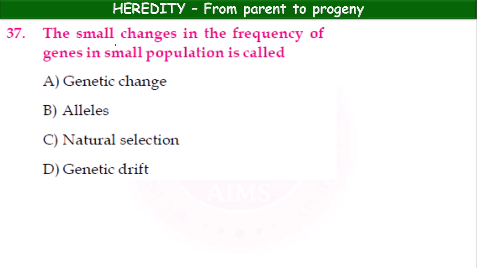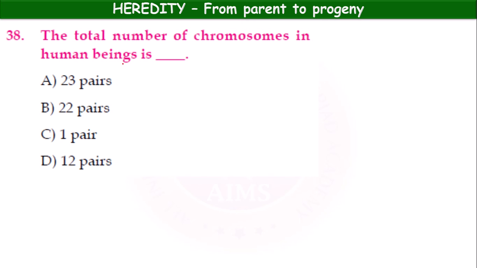D. The small changes in the frequency of genes in a small population is called genetic change, alleles, natural selection, or genetic drift. It is genetic drift, option D.